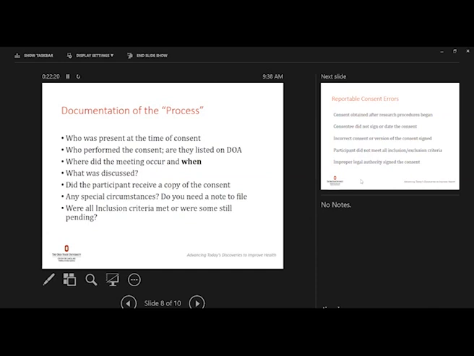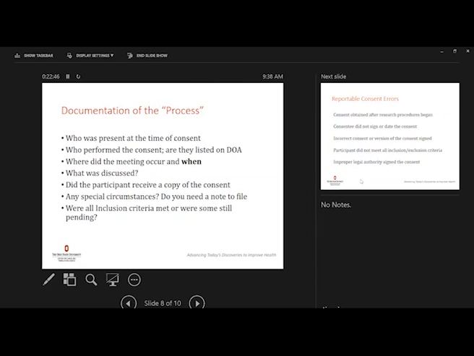Where did this meeting occur? Did you consent them in the clinic, or did you consent them, as the video showed, in a waiting room? Were they able to ask questions readily? And more importantly, not only where, but when.